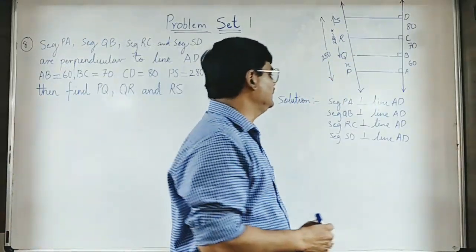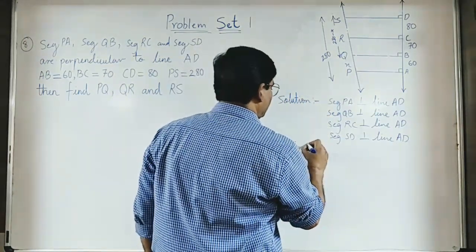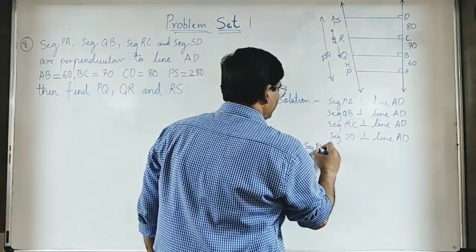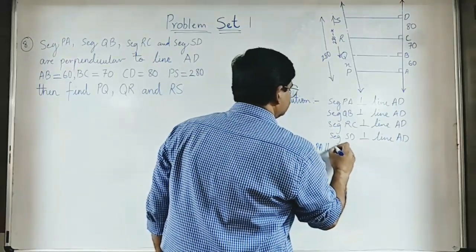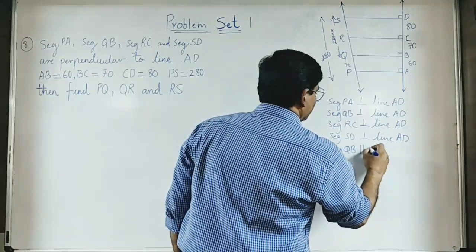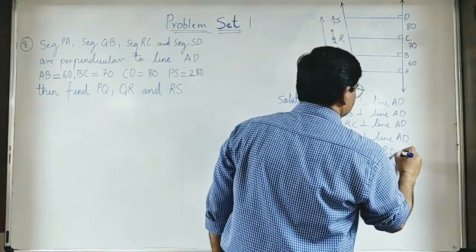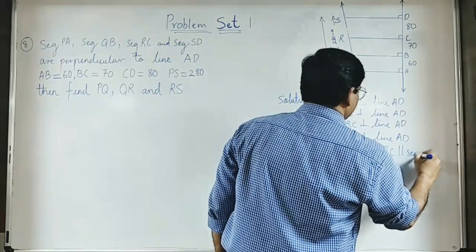Yeah. Now in this case, can I write it over here, seg PA is parallel to seg QB, parallel to seg RC, parallel to seg SD.